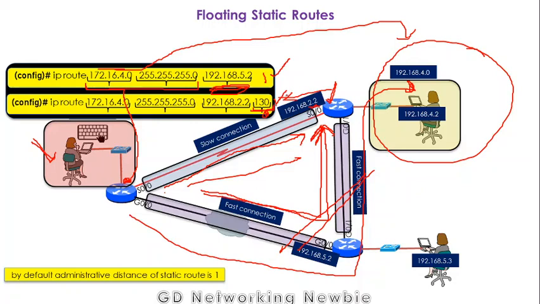Otherwise, this will not be shown. This is the reason we say this floats in and out of the routing table depending on the situation of the primary link. Clear? So a floating static route is nothing but the backup route which comes into function when the primary link of the network fails.